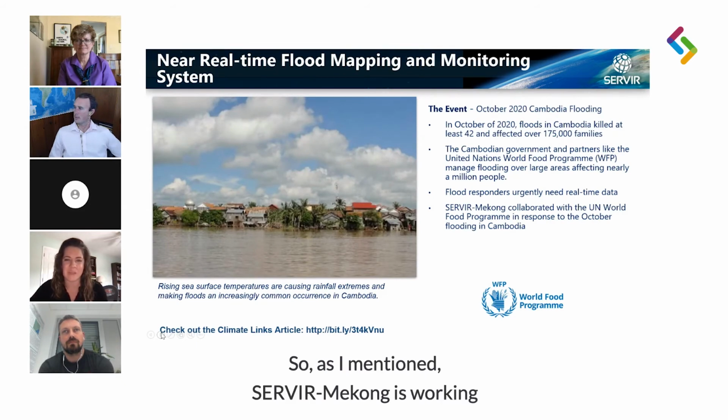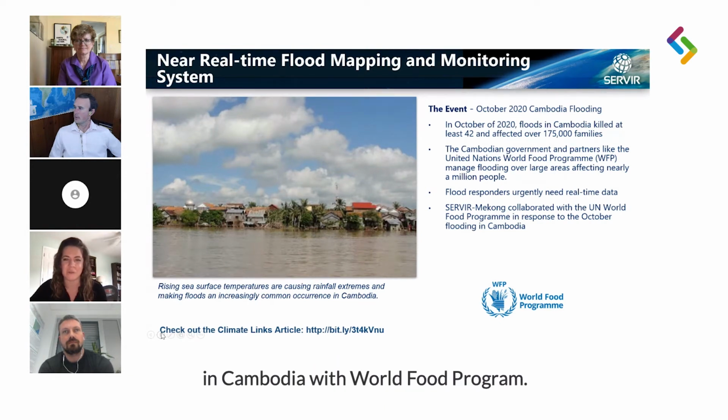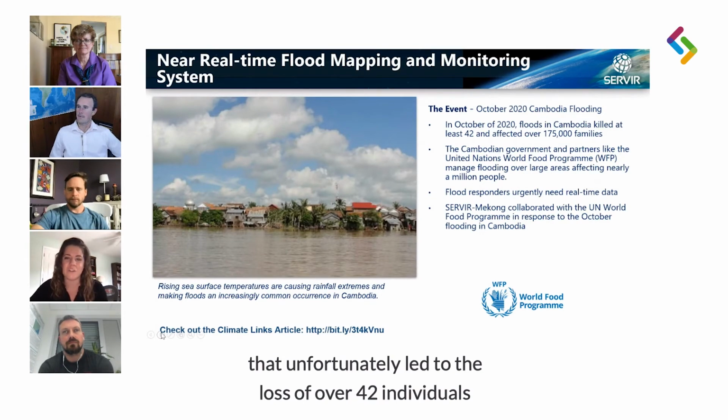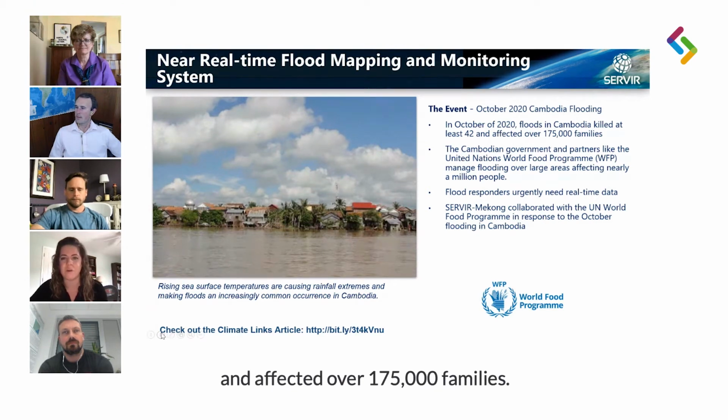So as I mentioned, Severe Mekong is working in Cambodia with World Food Program. In October of last year, there was a large flooding event that unfortunately led to the loss of over 42 individuals and affected over 175,000 families.